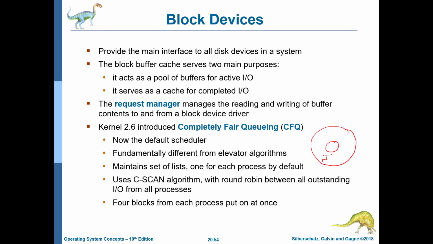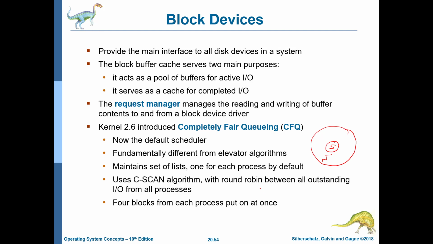Otherwise, what would happen is, because we have more data towards the rim of the disk, most of the time would be spent there, and the data which is closer to the spindle will get ignored. So this aspect is taken care of in the C-scan algorithm.